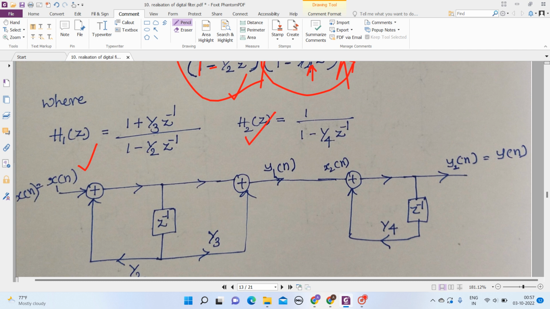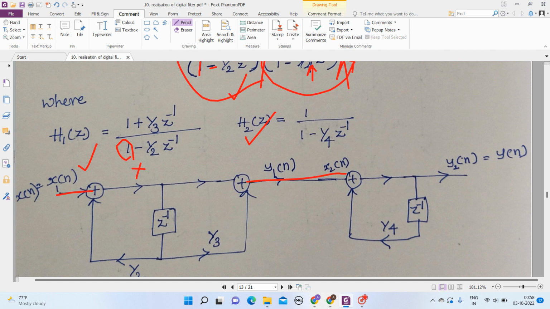to draw the structure of the individual transfer functions h1 of z and h2 of z. Later combine these two structures using a single line. That's all. See here, the minus symbol I have to change to plus. This is my x1 of n, and this is my z inverse, half z inverse. I change this sign from minus to plus, half z inverse.